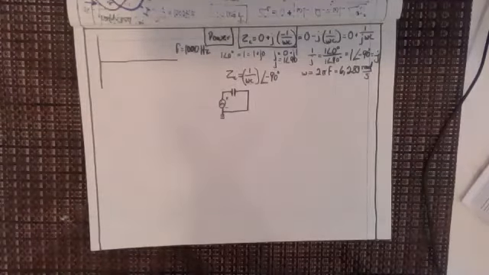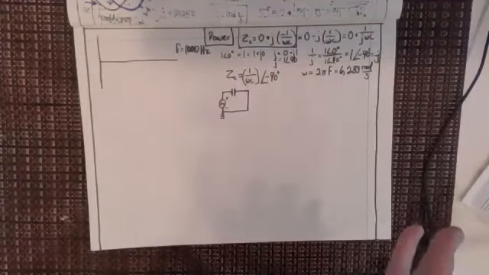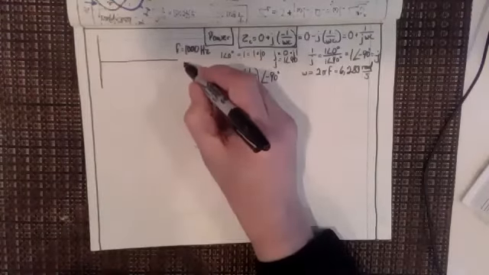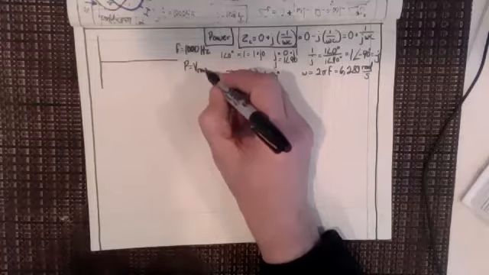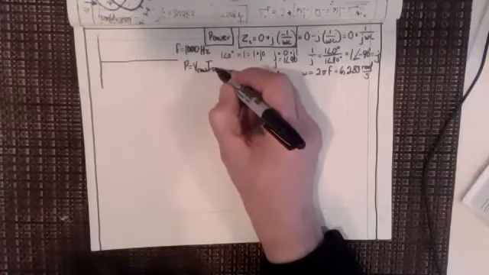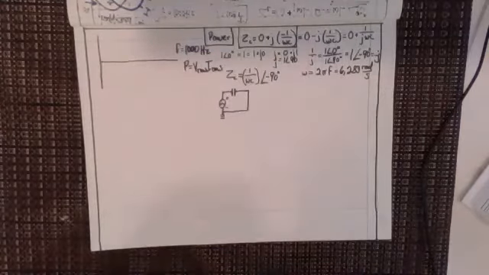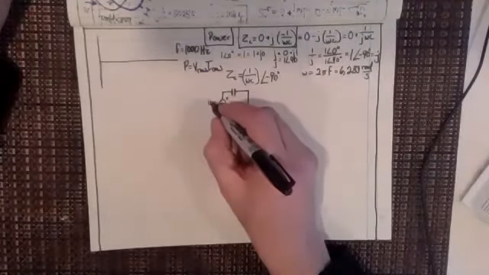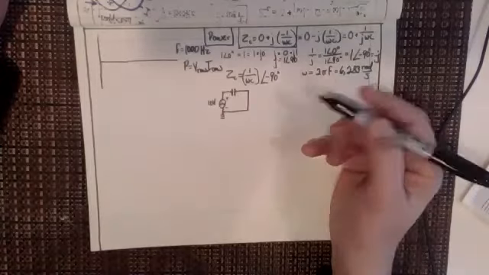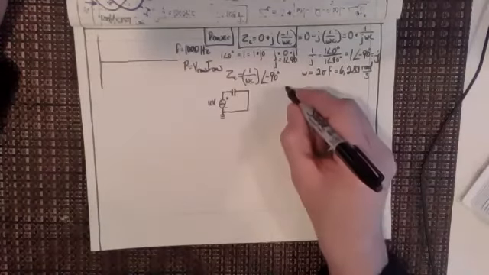Now, let's not forget what power is, by the way. Power is V RMS times I RMS. So we know what our voltage is going to be. It's going to be the same as always, 10 volts. And we can write that in so many different ways.